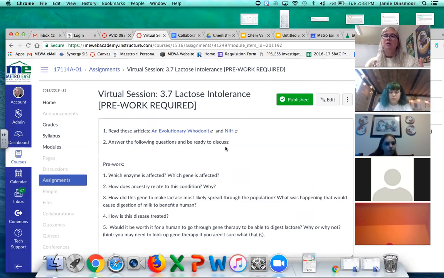There's one gene that creates lactase. We've talked about the process, protein synthesis, to create one protein. And knowing how complicated the process is, you can imagine already 50 places where it could go wrong, right? And there are a ton of places that it could go wrong. But in this case, let's talk about what's happening here.